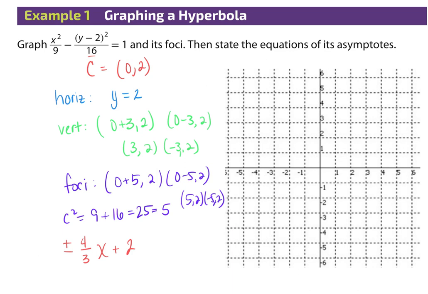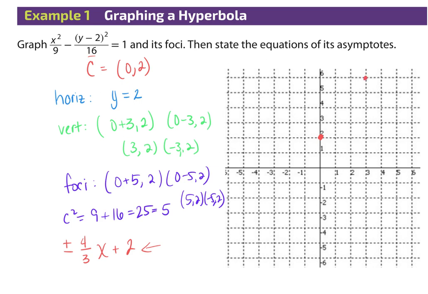All right, and so when I graph this thing, I'm going to start with my center. My center is at 0, 2. I'm actually going to then graph this guy right here, okay? And so you'll notice that it has the same y-intercept, which happens to also be where your center is, which makes perfect sense. So from your center, you're going to go up 4 over 3, right?